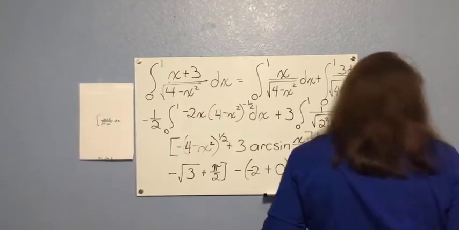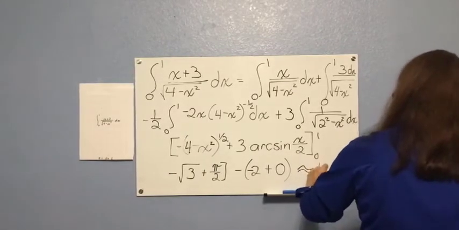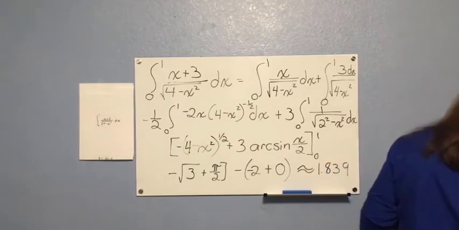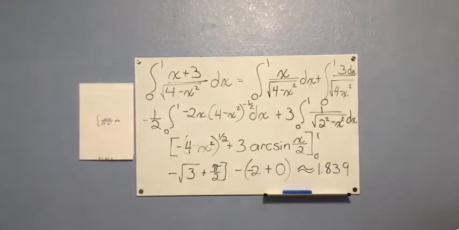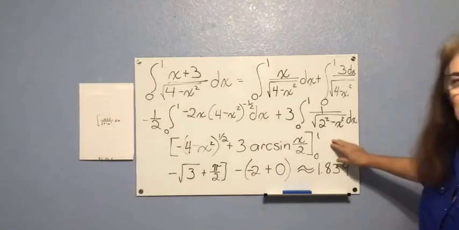And if I want a decimal approximation for that, it's approximately 1.839. Okay, so this is an integration where we use the arc sine rule.